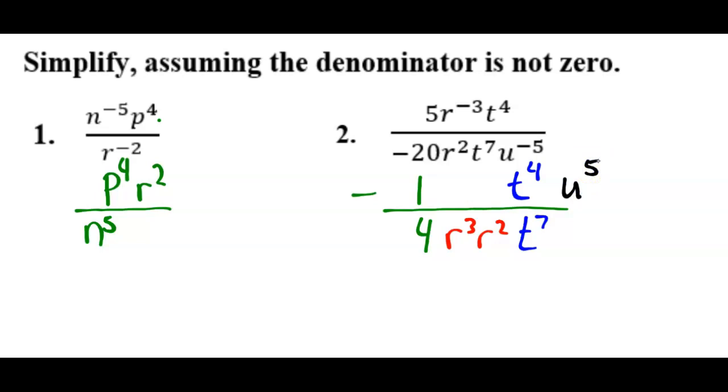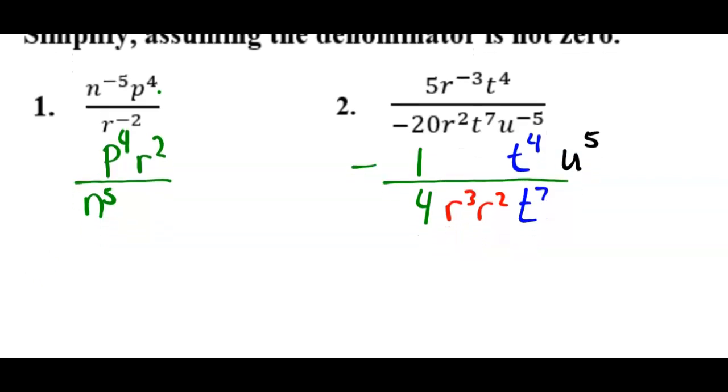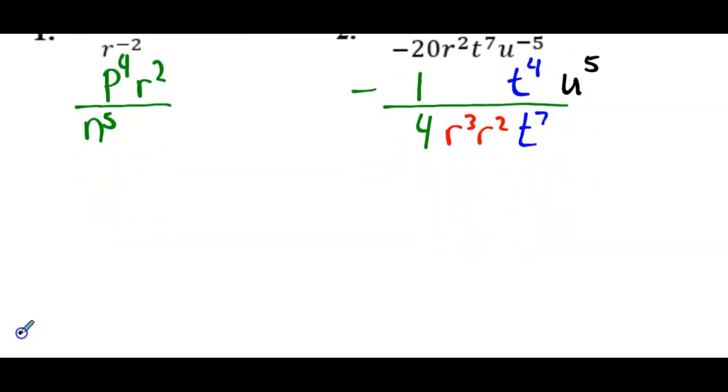All right, I'm not done yet because I still have 2 r's and I still have 2 t's. I need to take care of those. I need to apply my rule. So when I apply my rule, I'm going to get my negative 1/4. Okay? My r's are going to end up being what?